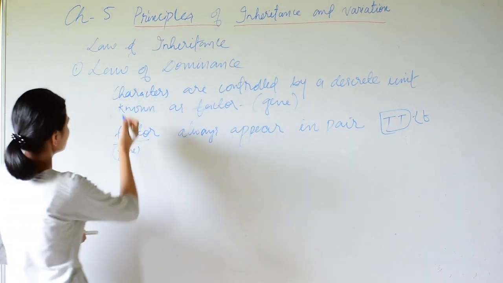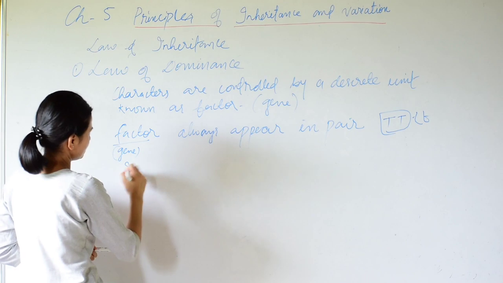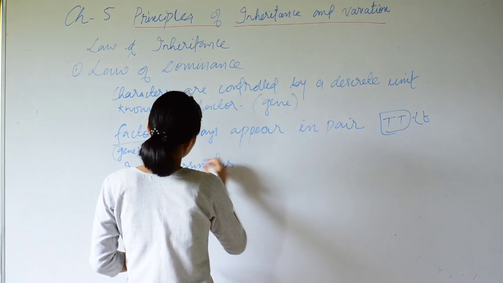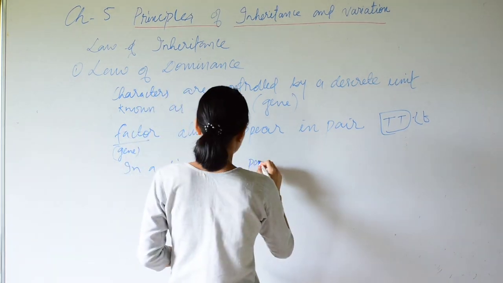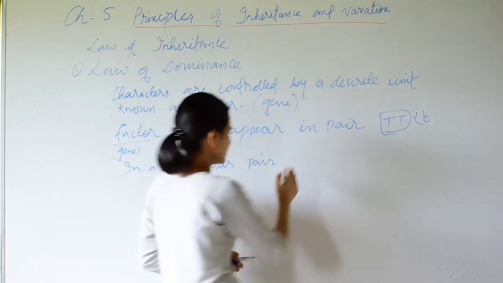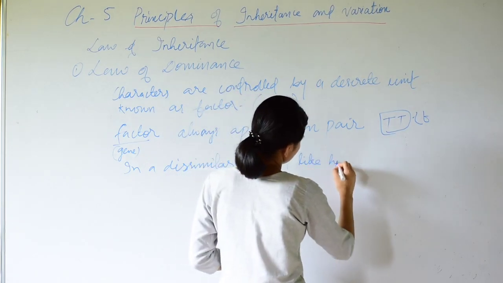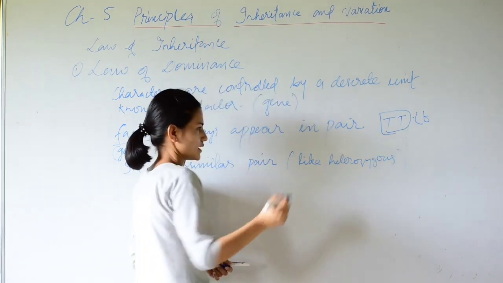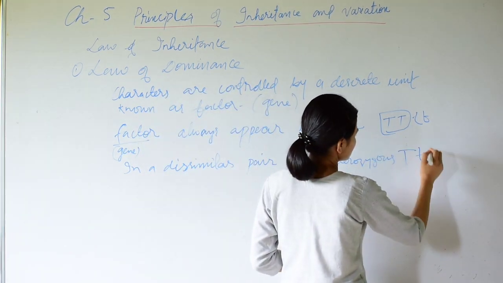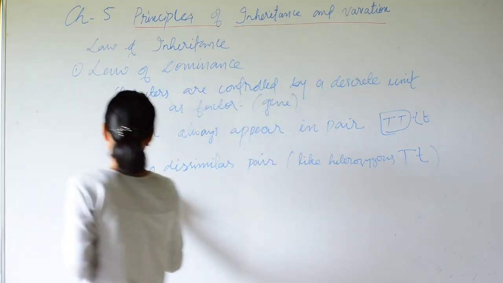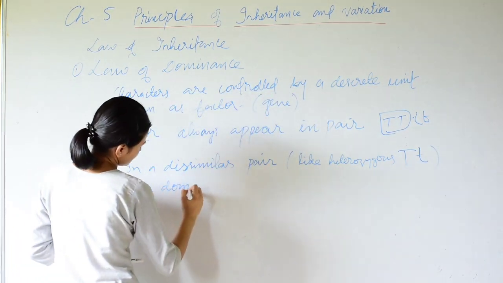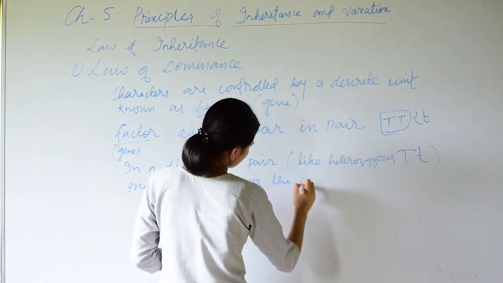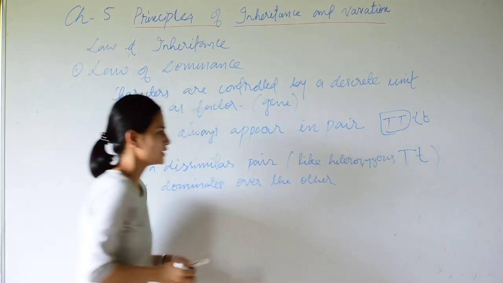And the third point is, in a dissimilar pair like the heterozygous, with example capital T, small t, one dominates over the other.